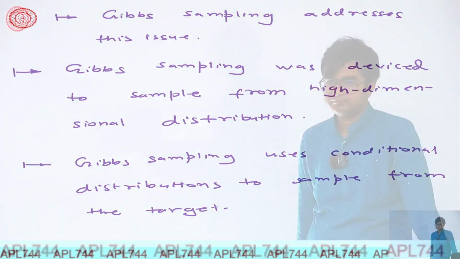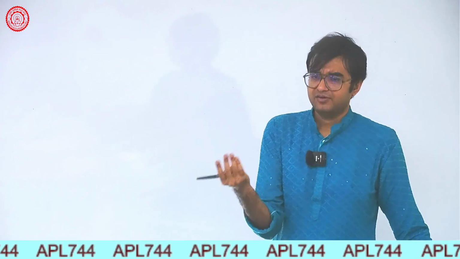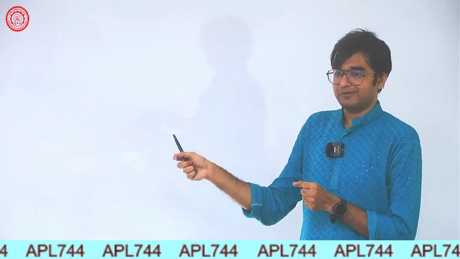Okay. So that is the whole idea, which also means that there is some mathematics involved here, because you have your target, you have to do the mathematics and find out what the conditional will be. And if it is not Gaussian, the conditional may not be Gaussian, right? So if you can find the conditional, and the conditional is easy to sample from, but the joint is something from which you cannot sample, then you use Gibbs sampling. I am repeating this again and again. Okay.